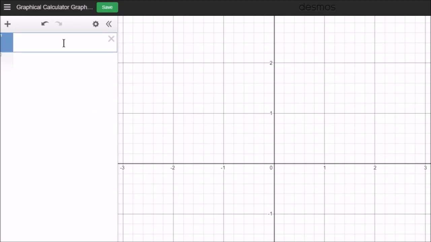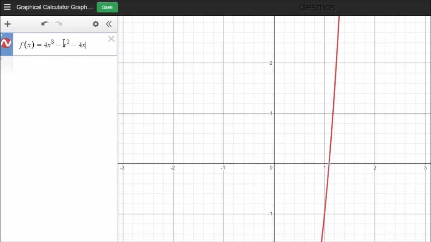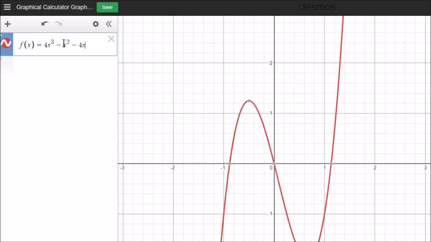Okay. So let's type in the function and see whether we actually get the graph that we are expecting. So we'll say f of x is equal to 4x cubed minus x squared minus 4x, and it's plus 1.